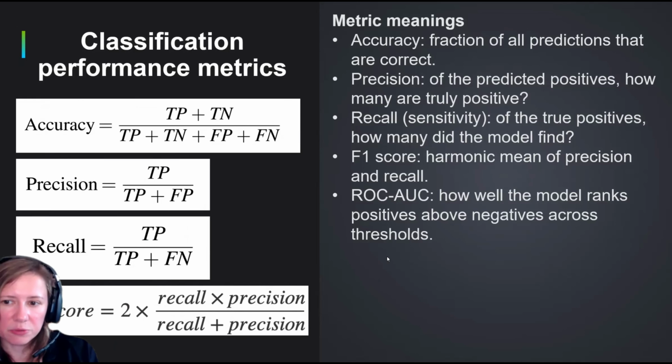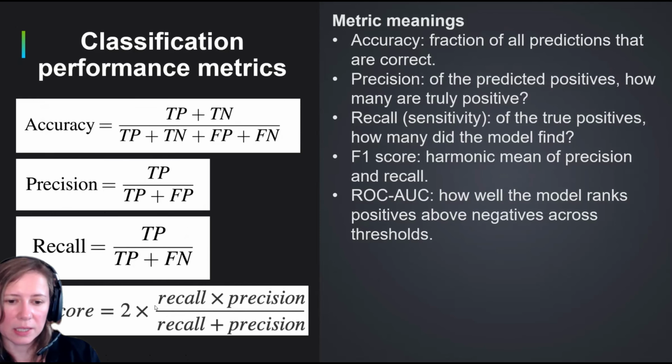And then we have the F1 score, which is calculated using those metrics, the harmonic mean of the precision and recall. That one helps you get a more balanced and more realistic estimate compared to the accuracy value.